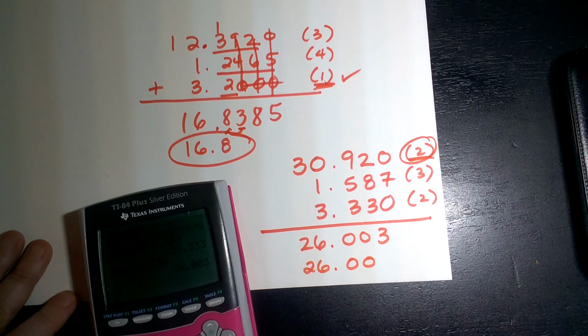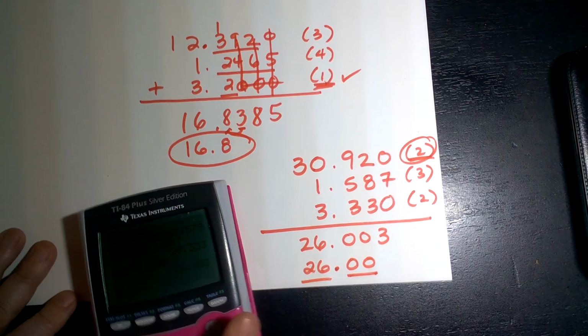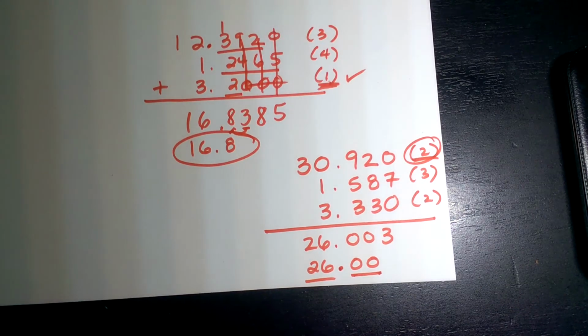Does not round. Okay? And these are significant because they are after the decimal and after a significant figure. So those are very important places. Those are very important zeros. Okay? All right, so when you add and subtract, you're only looking at rounding for the decimal place.